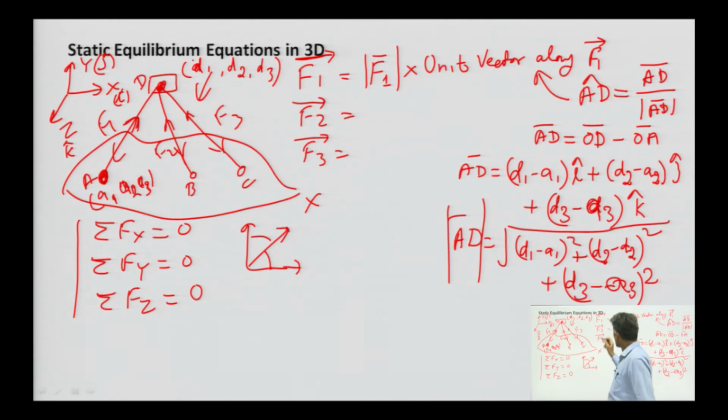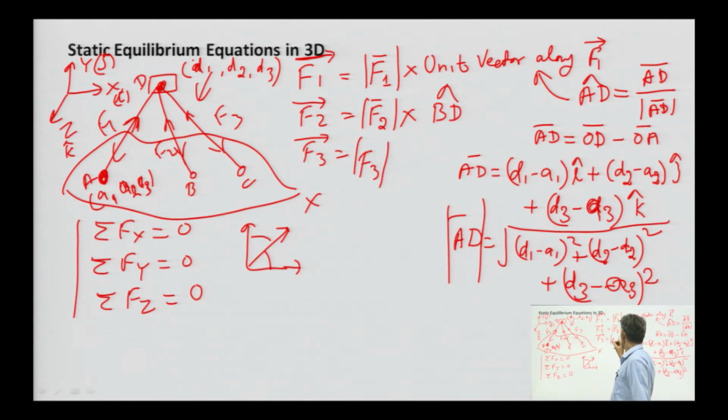Right. Similarly, vector F2 will be mod of F2 multiplied by the unit vector BD. Okay. F3 will be what?